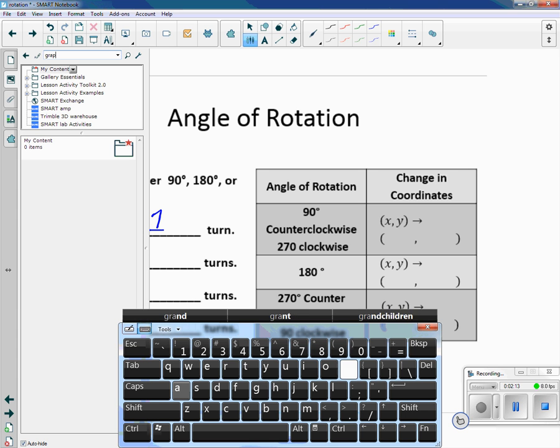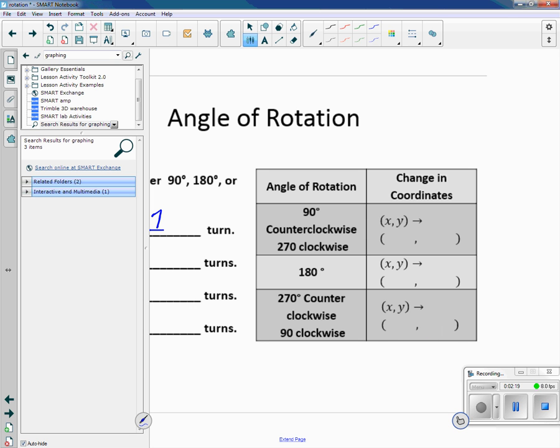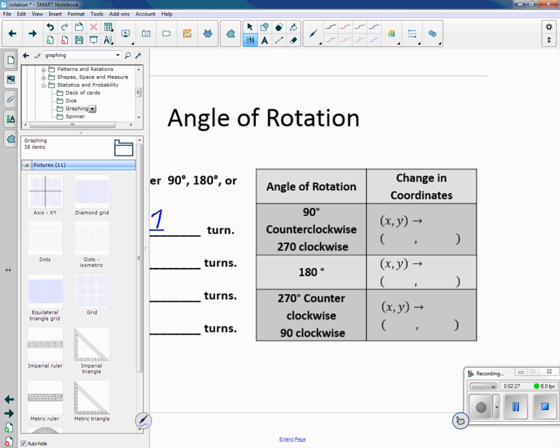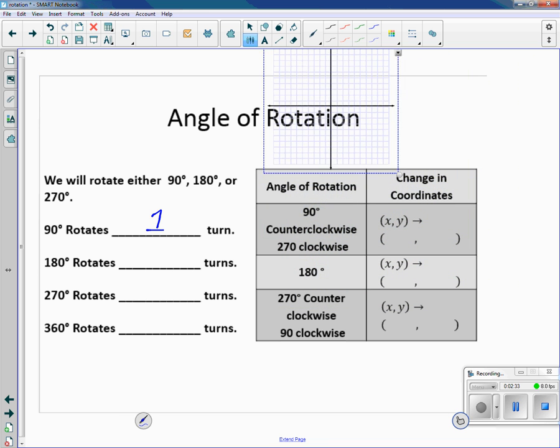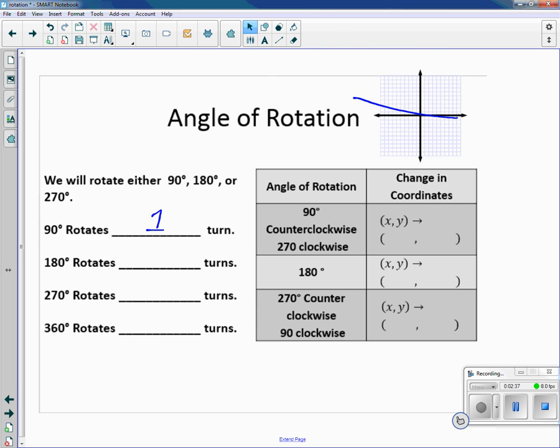Let me type this up. Yes, I know that's big. I'm going to make it 821.